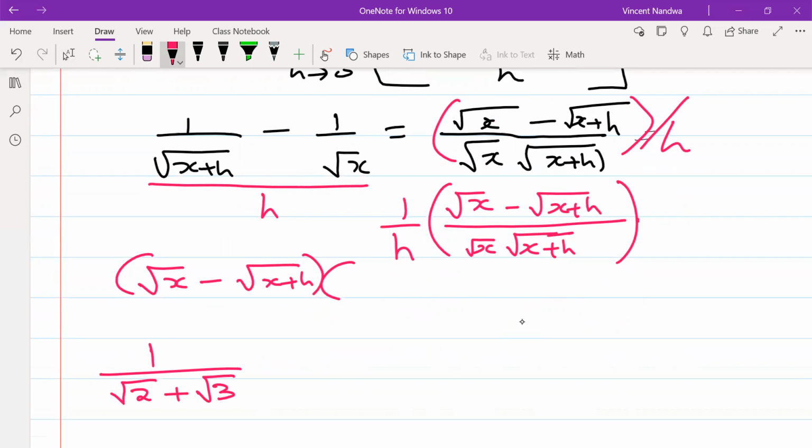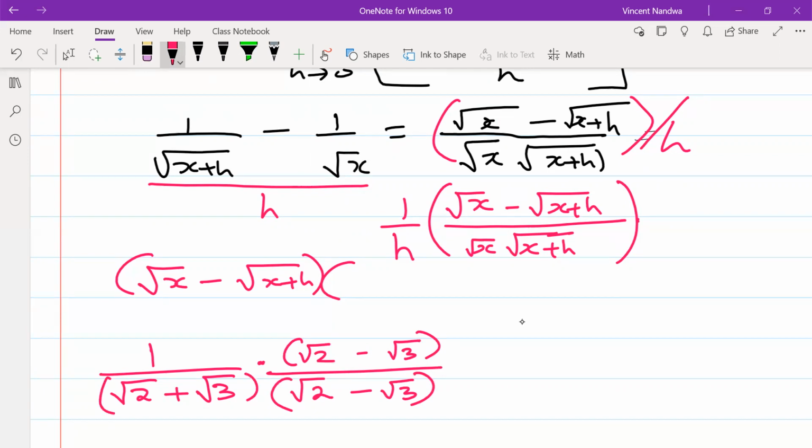So if I give you 1 over root 2 plus root 3, how do you rationalize this? You multiply by root 2 minus root 3, and then the denominator becomes root 2 minus root 3. Okay? Do you remember this process of rationalizing the denominator?